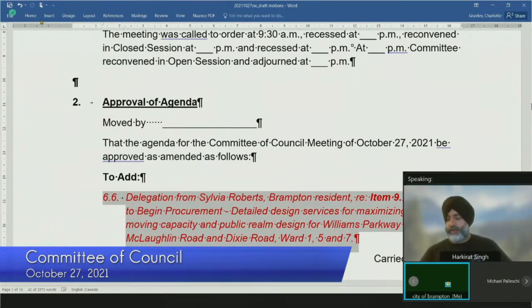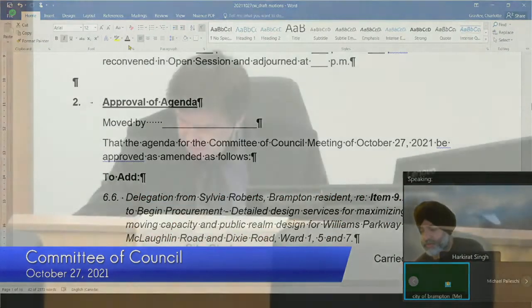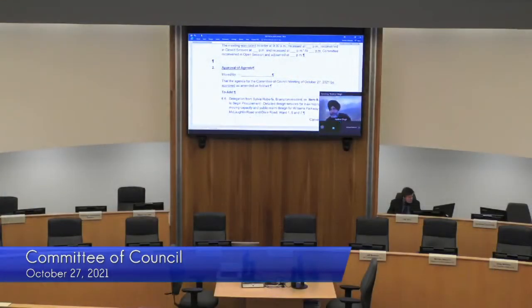This is in regard to staff report item 9.2.2, a staff report to begin procurement for detailed design services for maximizing people moving capacity and public realm design for Williams Parkway between McLaughlin Road and Dixie Road in wards 1, 5, and 7. And that's for item 9.2.2.